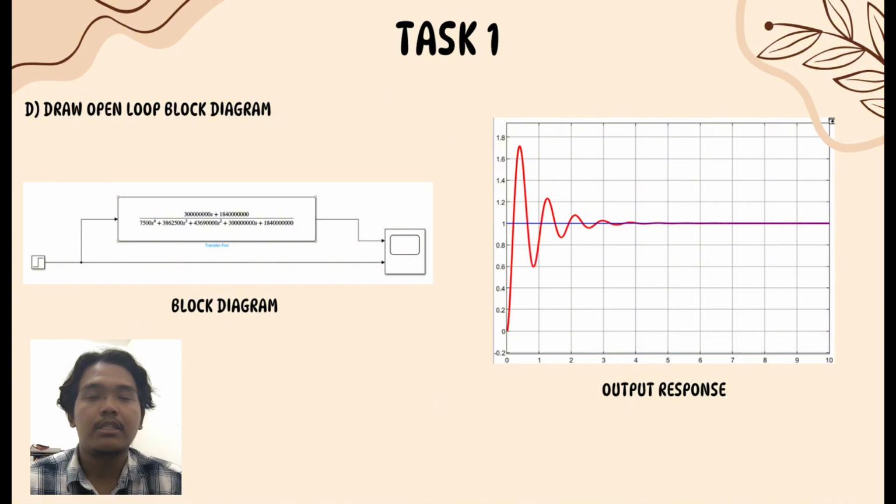And for the next question, which is Task 1D, we are asked to draw the open loop block diagram.